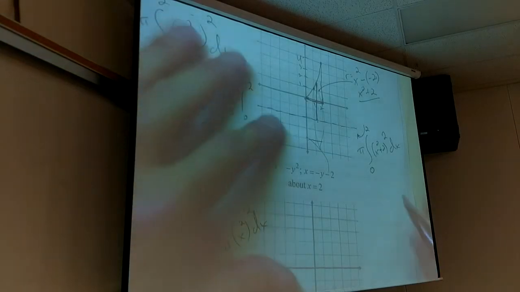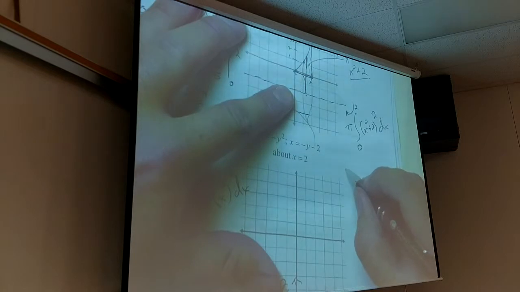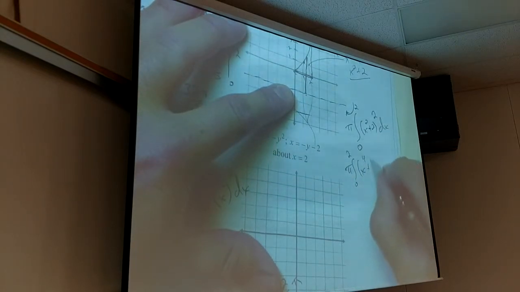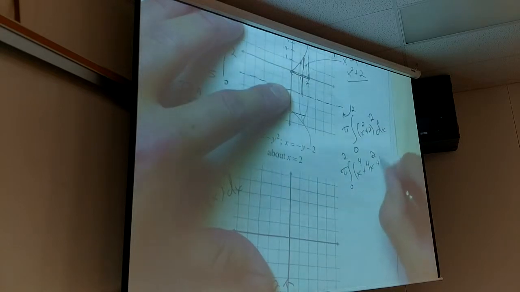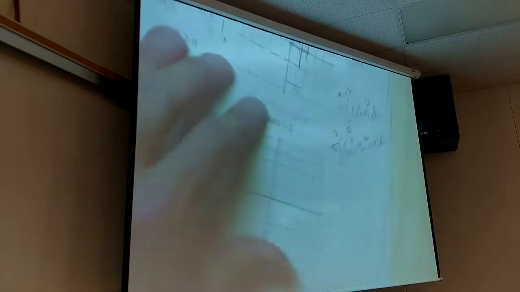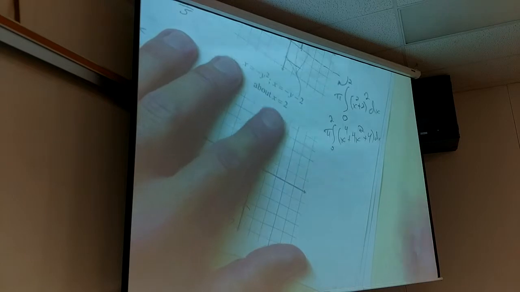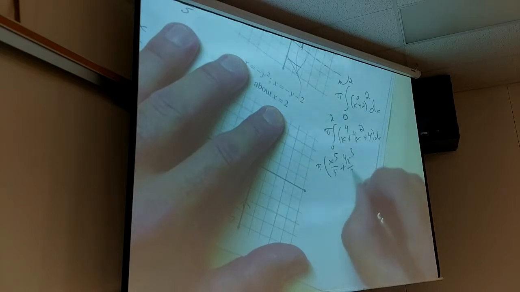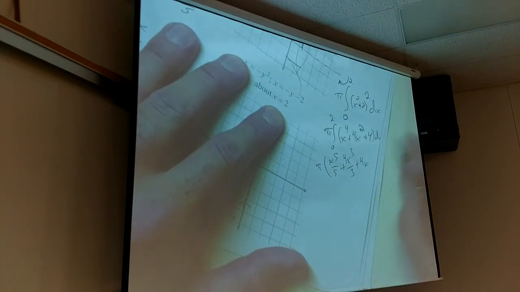All right, so let's see what we get. We get pi, got to square the inside. And the rest of this is easy now. So I get pi times x to the 5th over 5 plus 4x cubed over 3 plus 4x from 0 to 2.